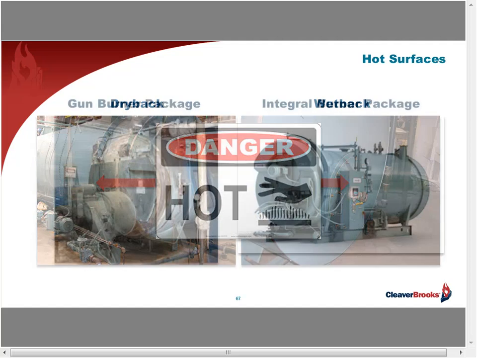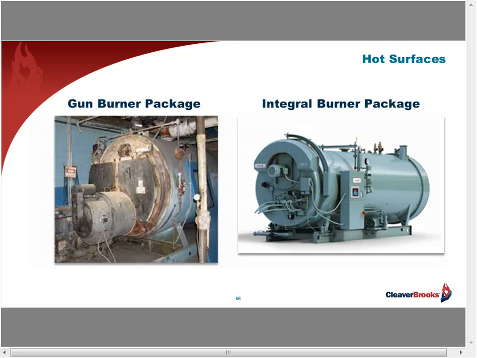Now, the other area that gets pretty hot, although not as hot as the rear door in a fire tube boiler, is the front of the boiler when the burner is a gun type, as you see here on the left, as opposed to an integral front head as pictured on the right, because in the integral case, the front head is actually an air plenum, which keeps it relatively cool.